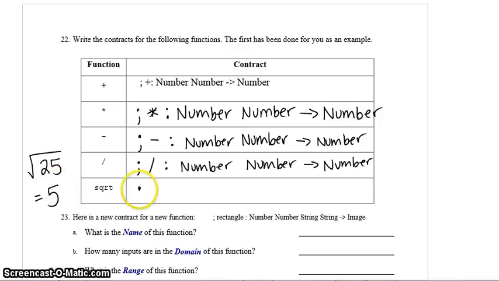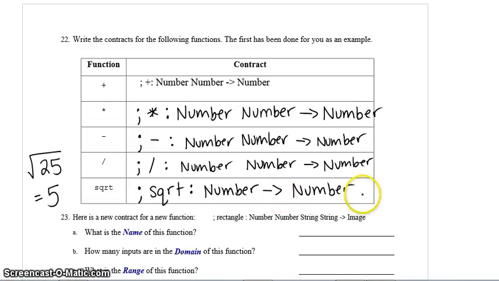So something to keep in mind for the square root function when I write the contract is there's a single number used as the input. In this case, it was the square root of the single number 25, and it produces a single number as its output. In our example, it produced 5, a single number as its output. So that's the contract for the square root function.